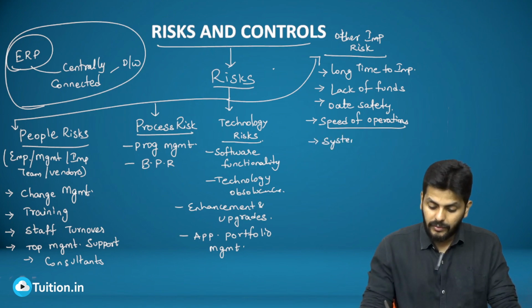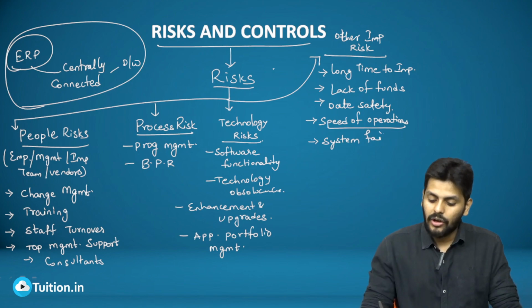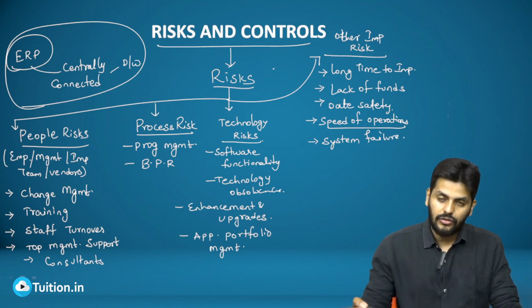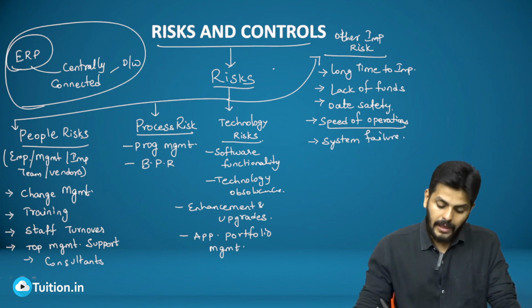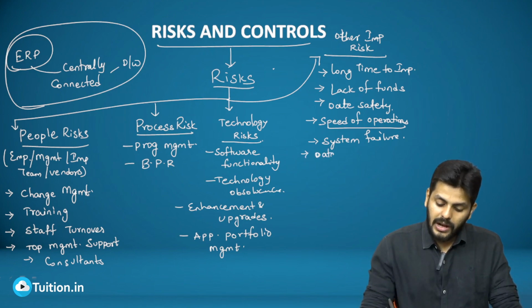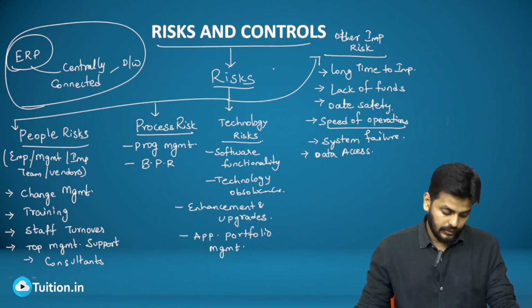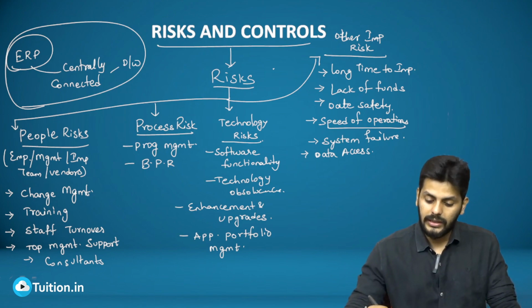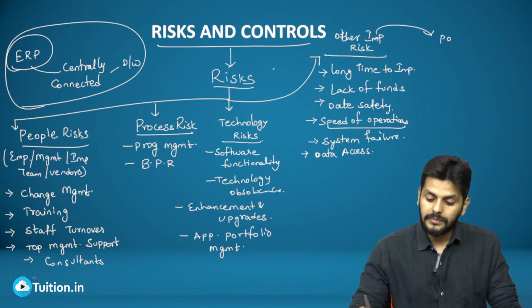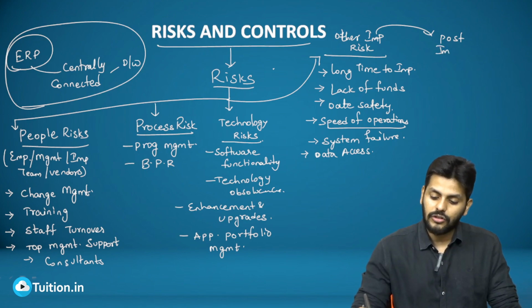If one part of the system fails, the entire organization will come to a standstill. That is quite a possibility. And to make sure who gets access to master data and non-master data, data access is also another important risk.